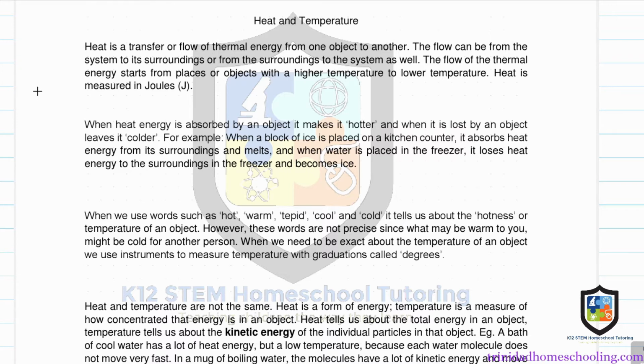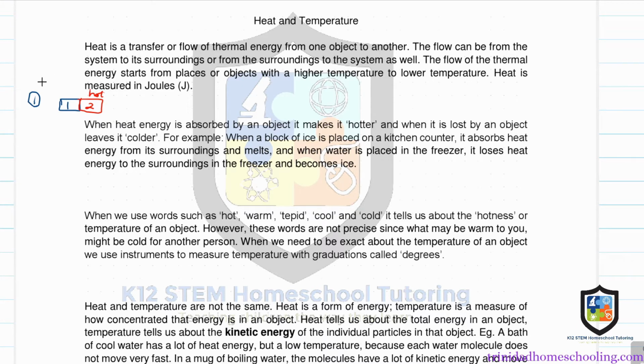So let's take a look at these three scenarios. We have heat being moved from one object to another. So suppose we had one object here. So that's my object 1. And I have another object that's touching that object. That's 2. And this one here is hot.